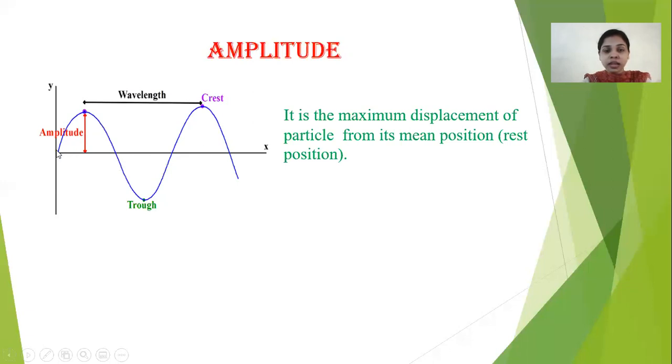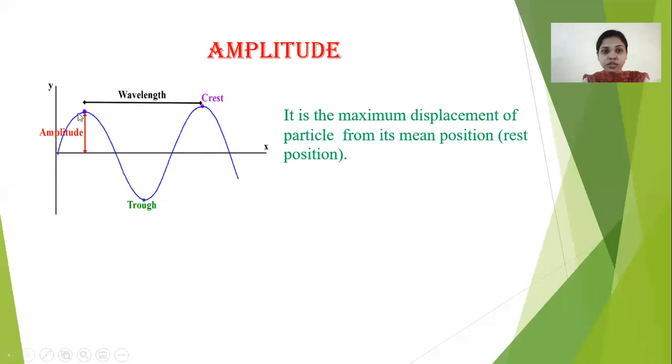Here you can see that the horizontal line, the x-axis, represents the mean position of the wave and this is the y-axis. The uppermost part is called the crest and the lowermost part is called the trough of the wave.